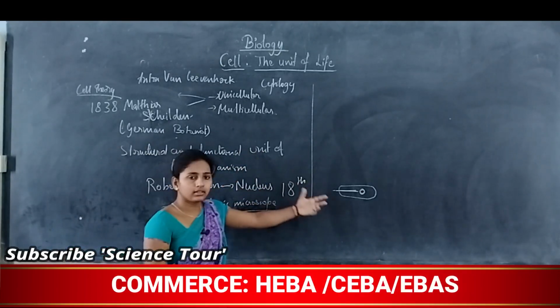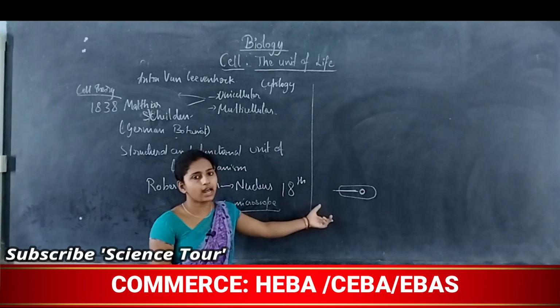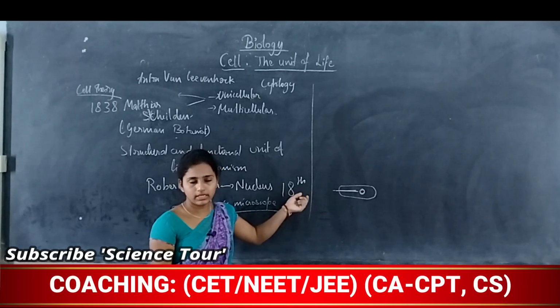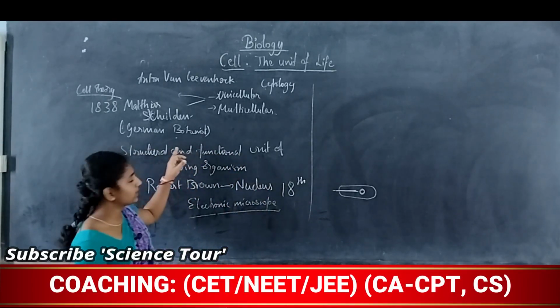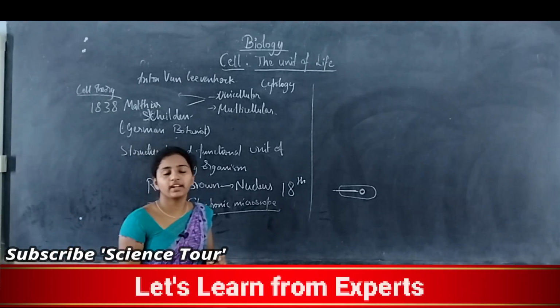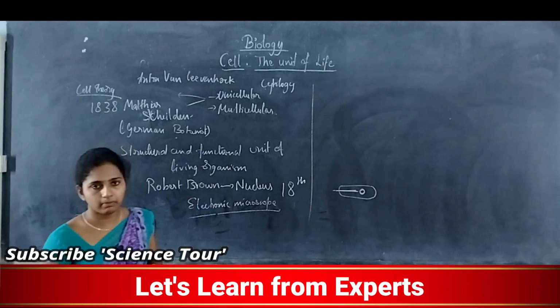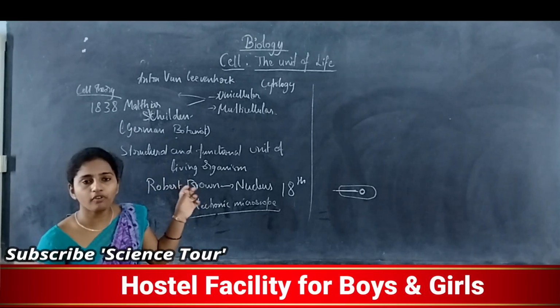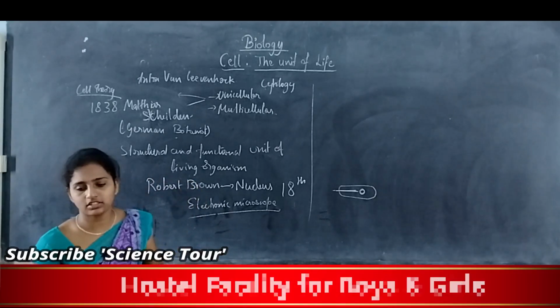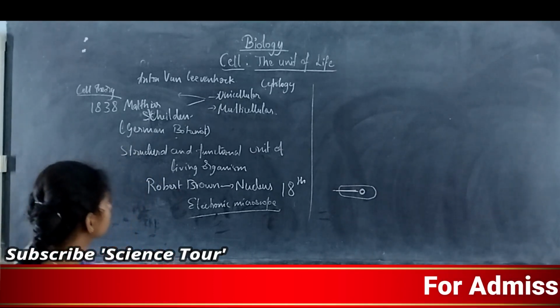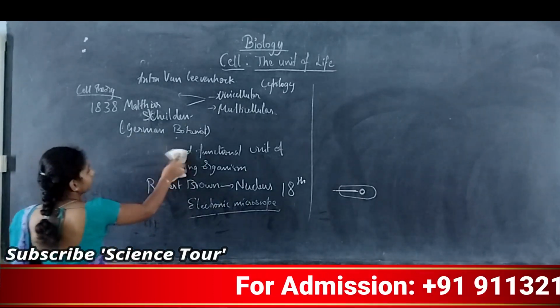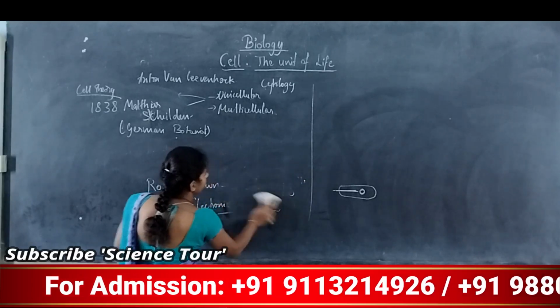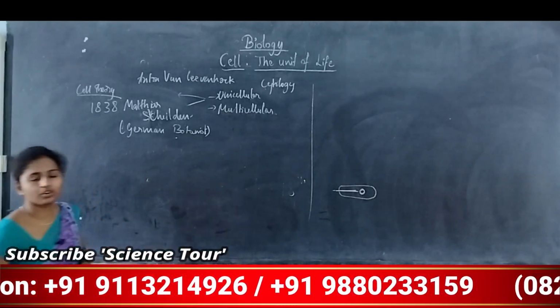At this time the microscope development was started, okay, the microscope invention was started. So he started to study about the different plants. He examined different plants and he observed that each plant is made up of different kinds of cells, different types of cells.